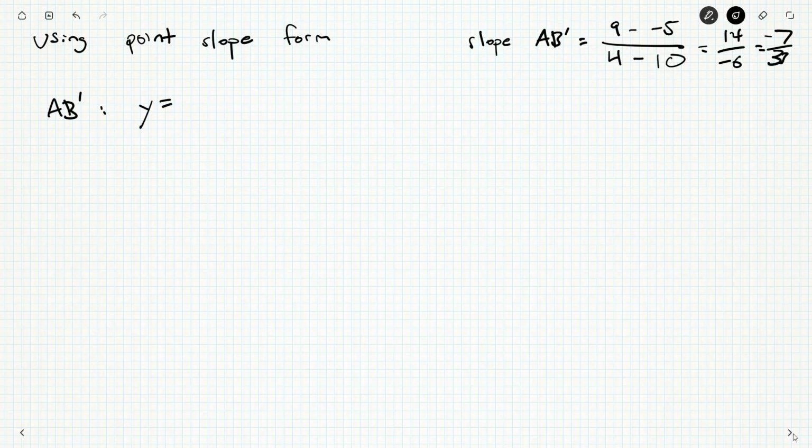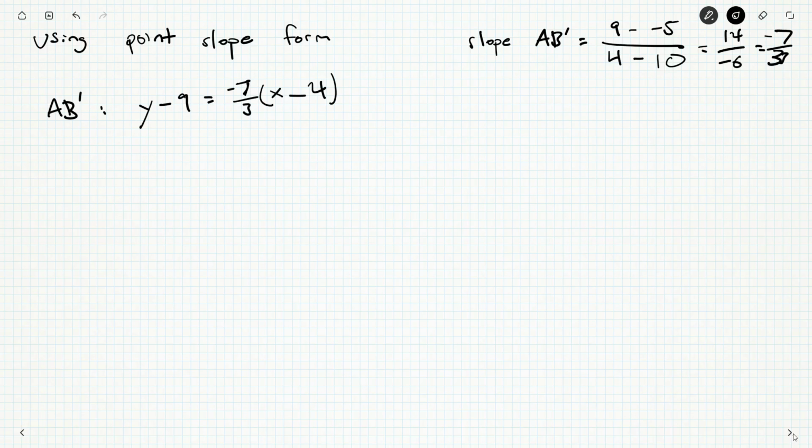So y minus 9 is negative 7 over 3 times x minus 4. With the point slope formula for a line, we just need to know one of the points, and we need to know the slope.